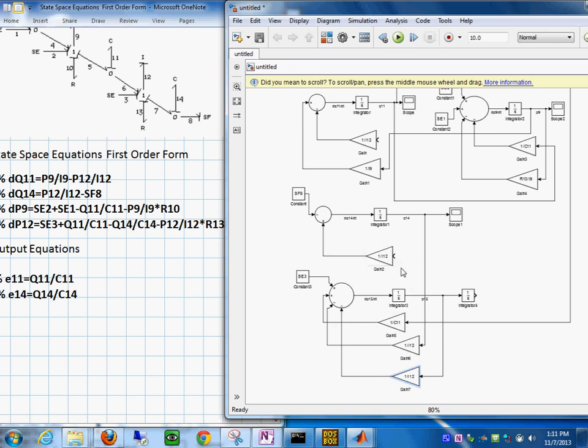Now it remains for us to fix this one in here, which is on the third equation that says 1 over I12, which is this one. It's in the Q14 dt, which is, yeah, the Q14 dt. This is from P12.